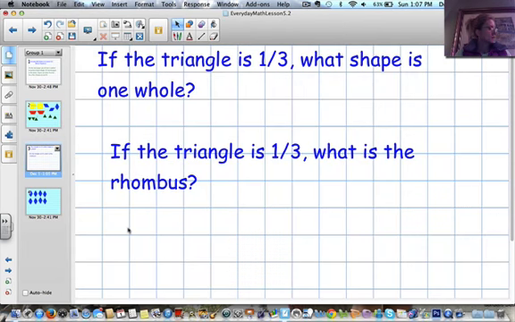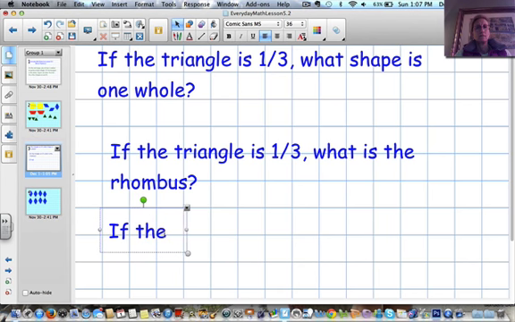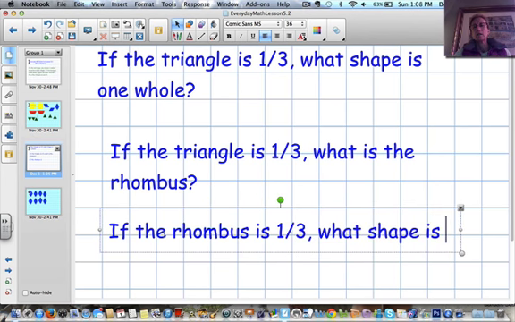Okay, next question. Scooch this over. If the rhombus is 1/3, what shape is 1 whole?